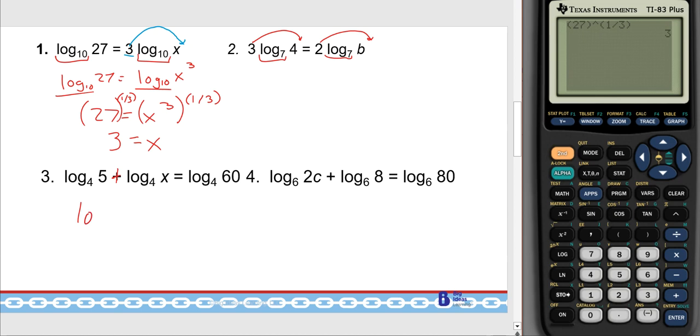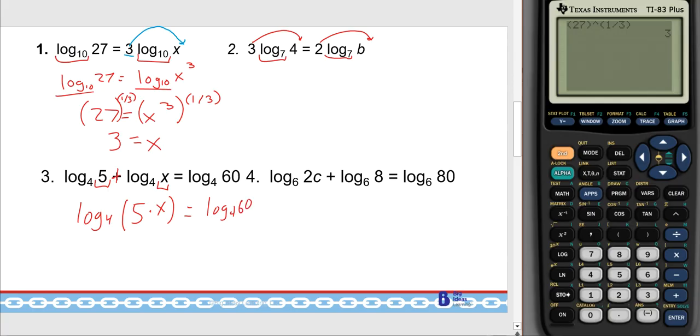So I can take the two values here that I am taking log base 4 of, and the product property says that you can multiply those. So I'm going to put the 5 times x in one logarithm: log base 4 of 5 times x equals log base 4 of 60.